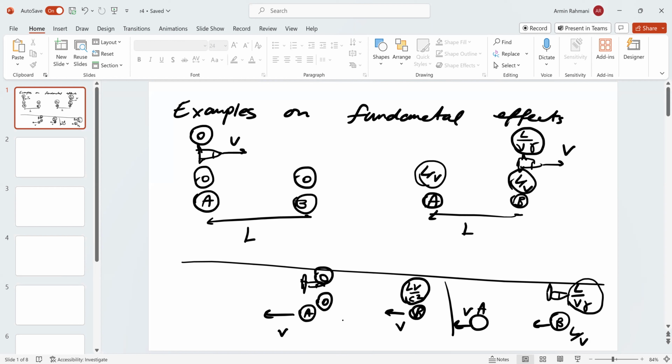Well, if the clock on the spaceship reads L over v over gamma, during that process, the clock on planet B has been ticking more slowly by another factor of gamma. So it should have advanced by L over v over gamma squared. But it had a head start here, L v over c squared. So this clock over here, I wish I could squeeze it in. Let me see. I think I probably can.